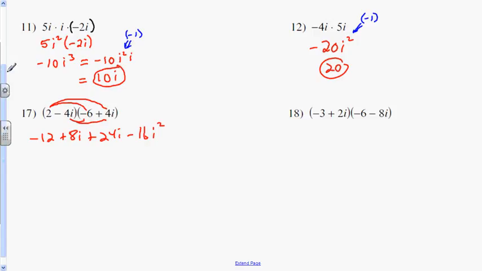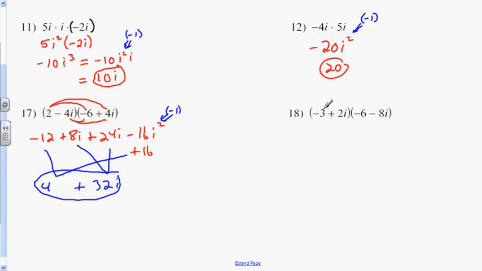Now remember, i squared is equal to negative 1, which means that this is actually a plus 16. I do that right now because these two are considered like terms then, and that will give us positive 4. These two are like terms, and that is a positive 32i. Now notice that I did not get i squared, because remember that only happens when we multiply. And this is our answer.